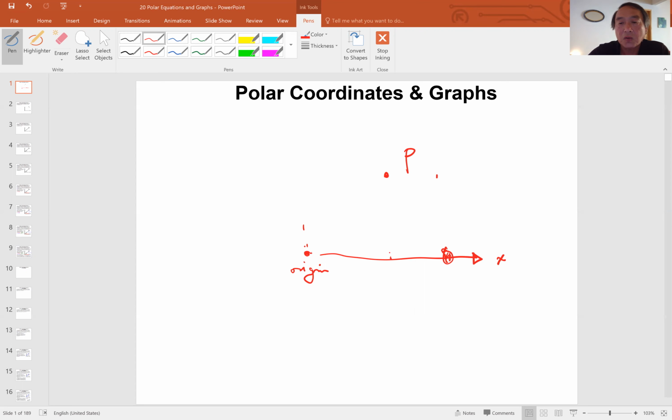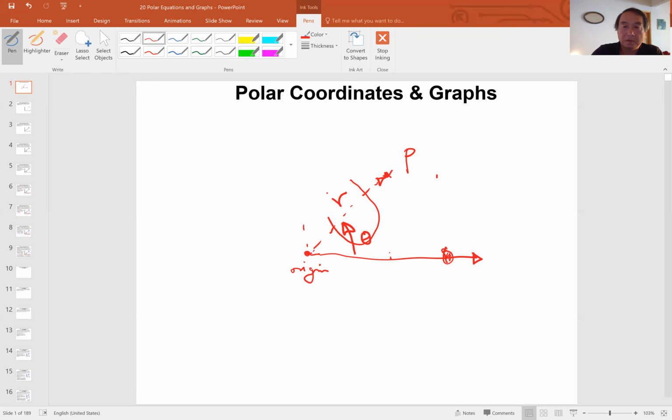So what are polar coordinates? We fix the origin and the direction, remember. Then we specify the location by two things: the angle it makes with the direction axis, the x-axis if you like, and then the distance you have to travel out.